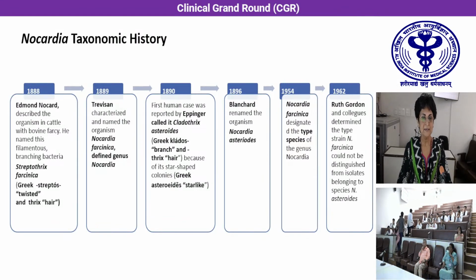It was a year later that Trevisan characterized it, defined the genus, and named it in honor of Edmond Nocard and called the organism Nocardia farcinica.